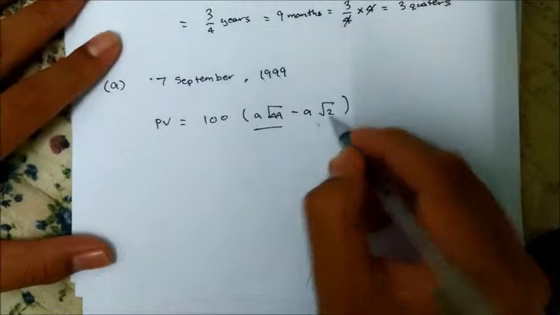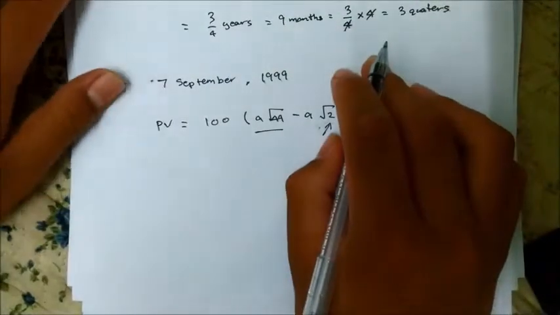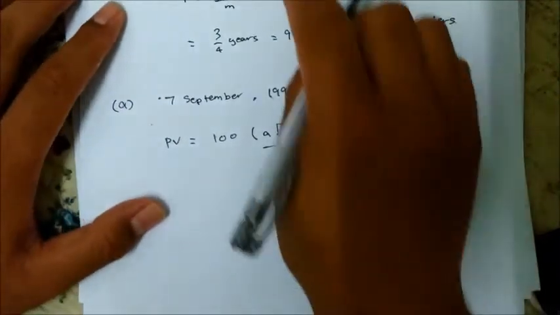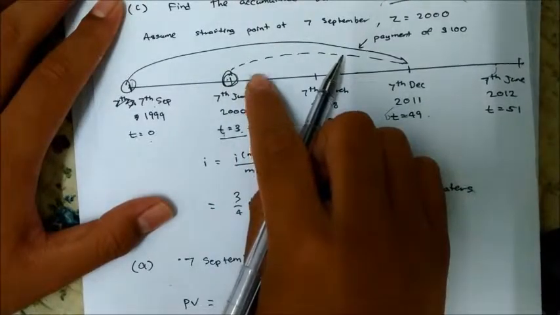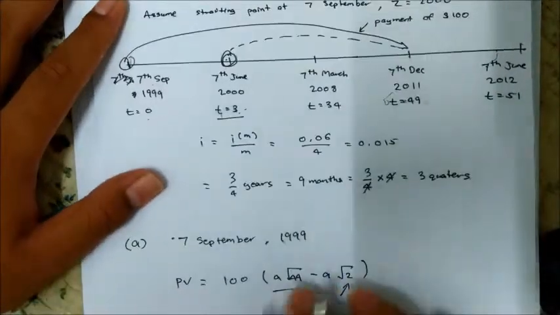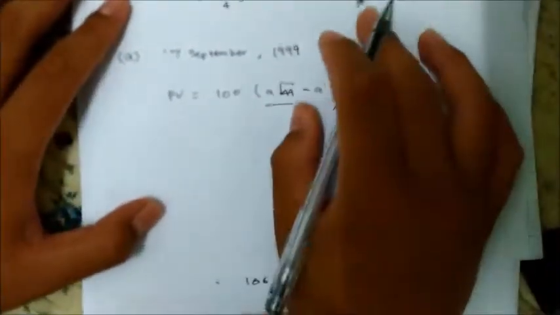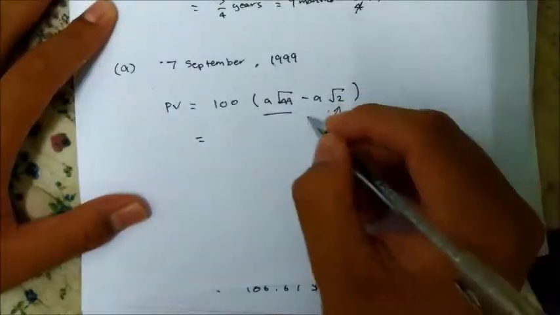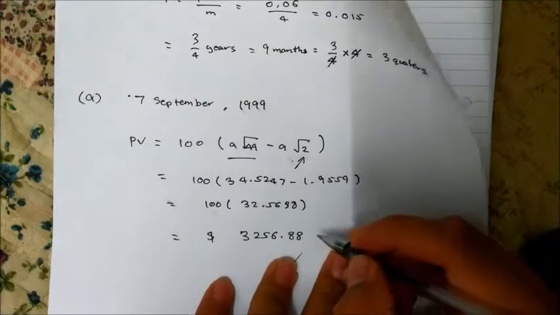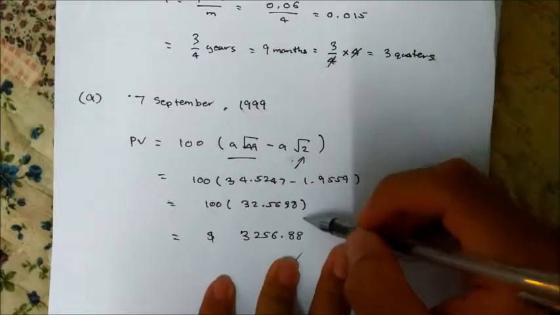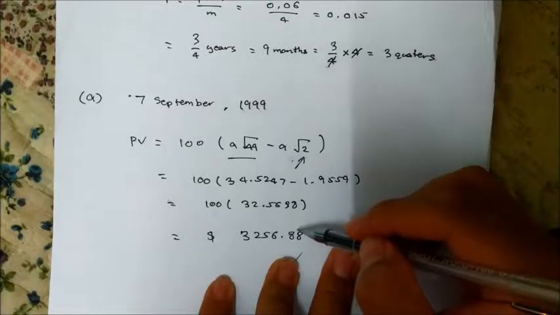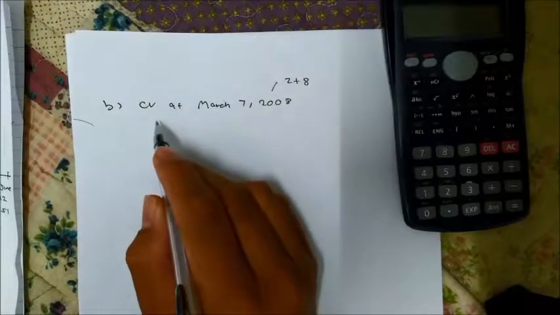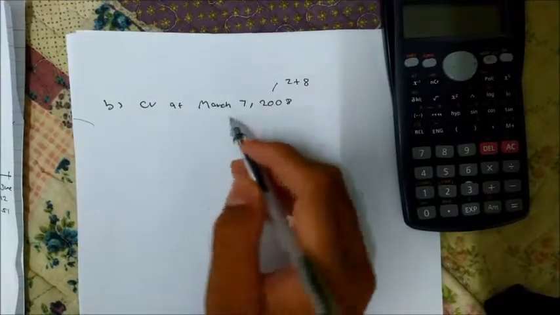That is why here it becomes 2, deducted from T0 to T2, because from T3 the payment of the actual annuity will start. So our formula is going to be like this. When we calculate, we will get 3,256.88 cents.